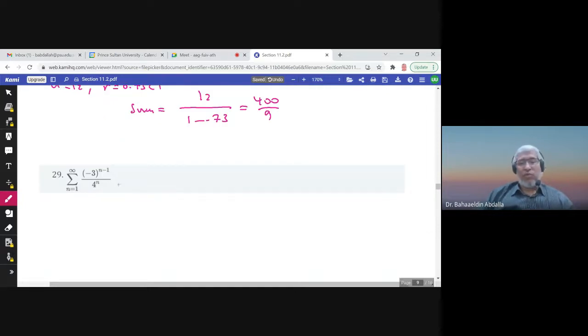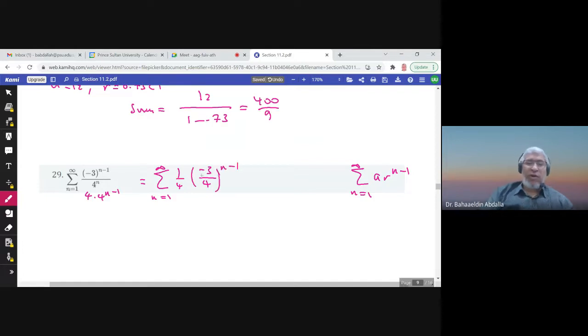Well, I need to rewrite this series in the form a times r to the power n minus 1. Well, negative 3 already has power n minus 1, so 4 to the power n, I will write as 4 times 4 to the power n minus 1. So I will have 1 over 4, and then negative 3 to the power n minus 1 over 4 to the power n minus 1. I can write it as negative 3 over 4, all to the power n minus 1.